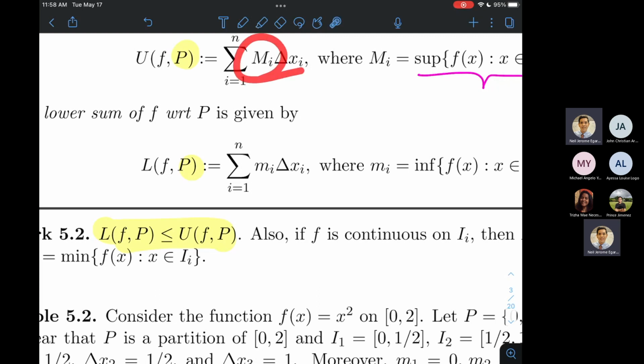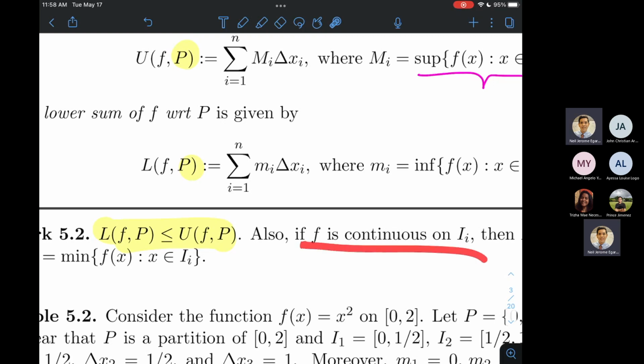Yung upper Riemann sum madaya kasi ang pinipili niya yung pinakamatangkad na rectangle dun sa bawat subinterval. Yung lower Riemann sum, ang pinipili niya naman na value para dun sa ith subinterval ay yung pinaka-short na rectangle. So definitely, by definition, the lower Riemann sum of f with respect to the partition P is always less than or equal to the upper Riemann sum of f with respect to the same partition P.